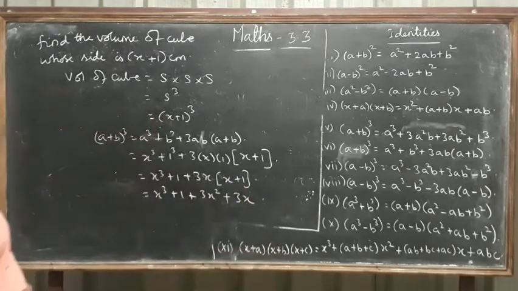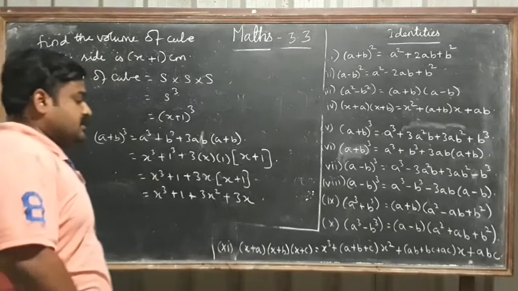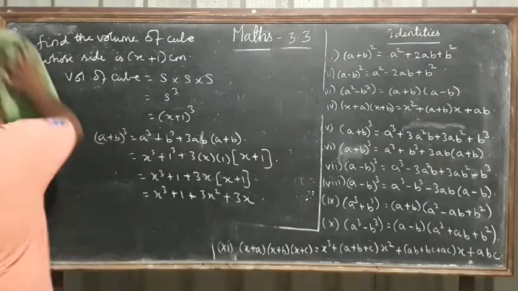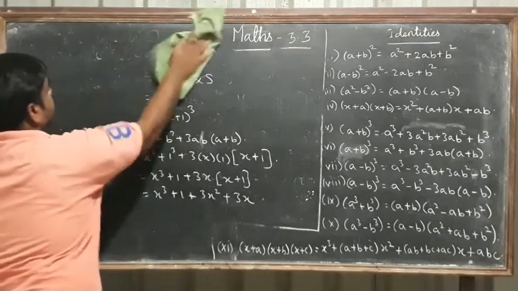So x cube plus 1 plus 3x square plus 3x will be the volume of the cube to be found.